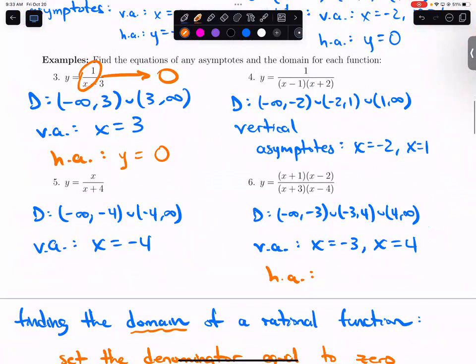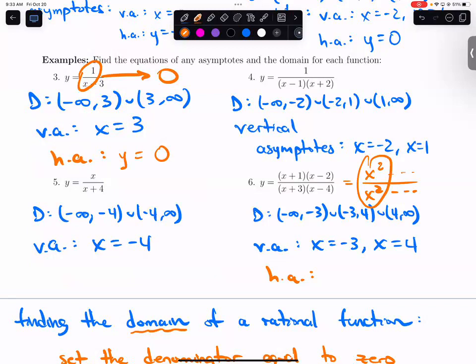What about 6? What are the leading terms there? x squared over x squared. Again, we don't have to expand the whole thing. We just need to know what the leading terms look like. x squared over x squared would reduce to 1, or x over x first and then 1 over 1, right?